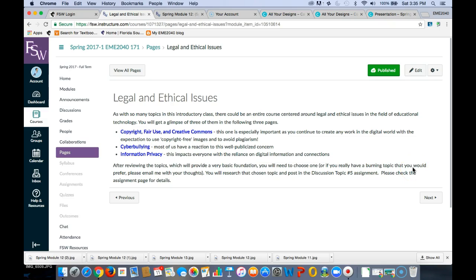And the three that we're going to look at are copyright, fair use, and Creative Commons. I have already done some things with that in the past number of modules of this course, because I think it is critical that you understand the legal ramifications of copyright. That is a federal law, and despite what it is representing today, it is rarely followed.